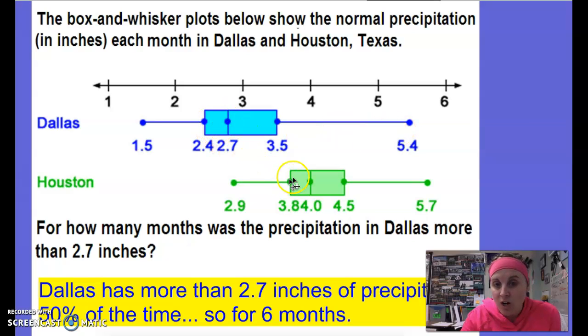Their first quarter in both is pretty compact, but minimum to Q1 in both is spread out, and Q3 to max is pretty spread out in both. But about half of our months in Dallas are a lot less rainy.